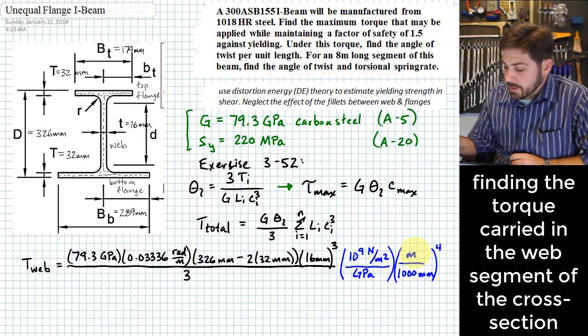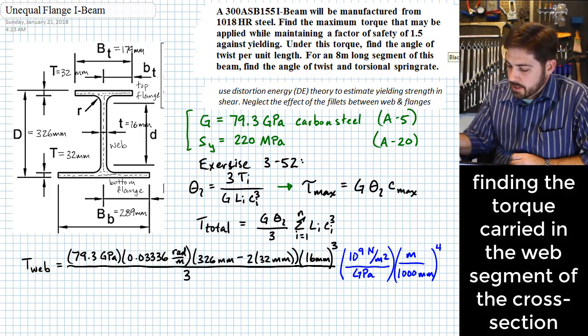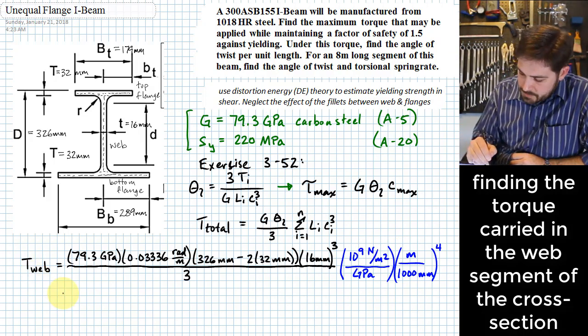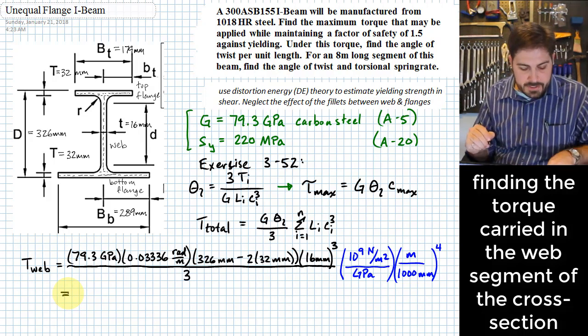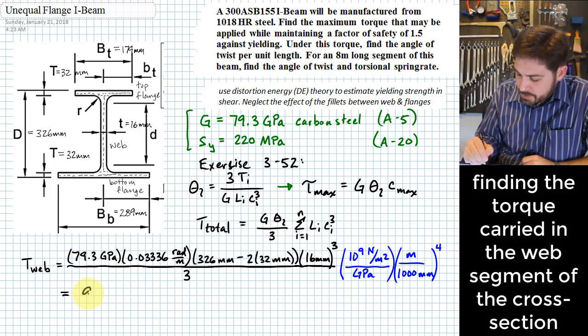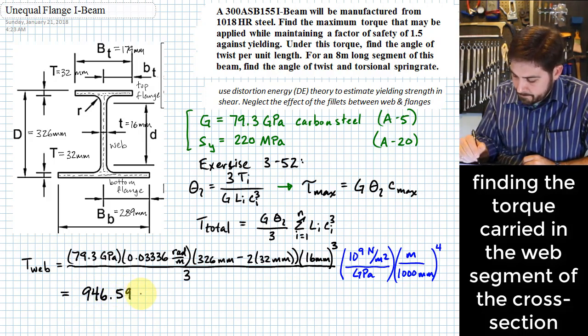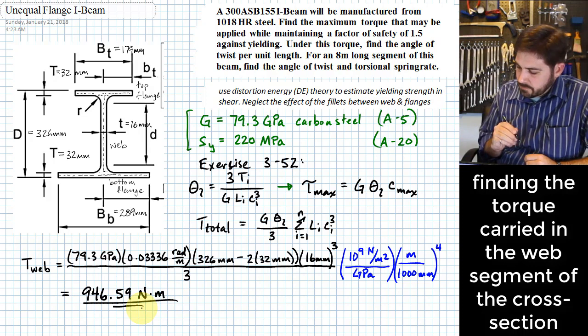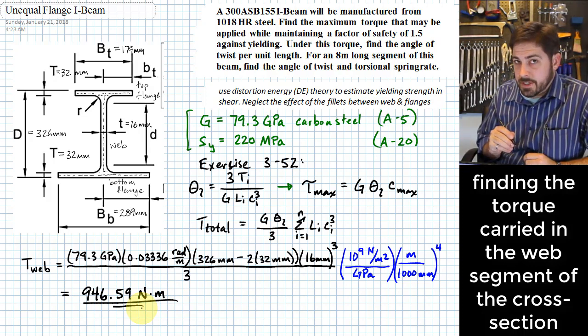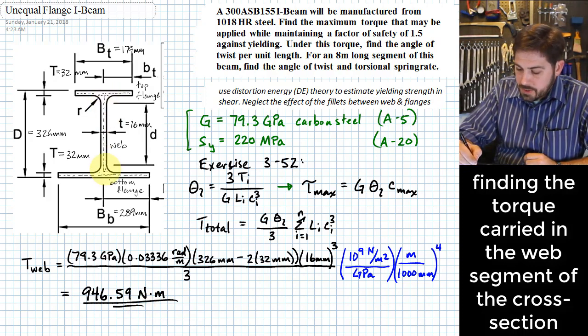That ends up giving us meters along with the newtons, and that makes us feel good that our units for torque come out in Newton meters. So what comes out of this then is 946.59 Newton meters. And that's how much torque is carried in just the web portion of this cross section.